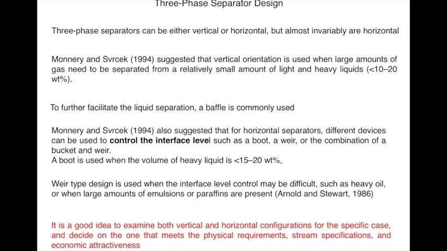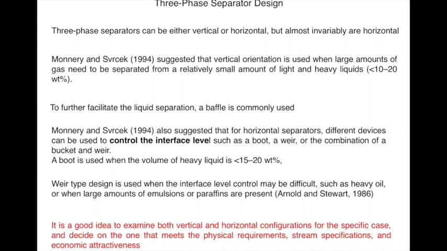But almost invariably, we are using horizontal in the industry because of its simpler design, right? Now, Monroe and Sarkek in 1994 suggested that the vertical orientation is used when a large amount of gas needs to be separated from a relatively small amount of light and heavy liquid, right?